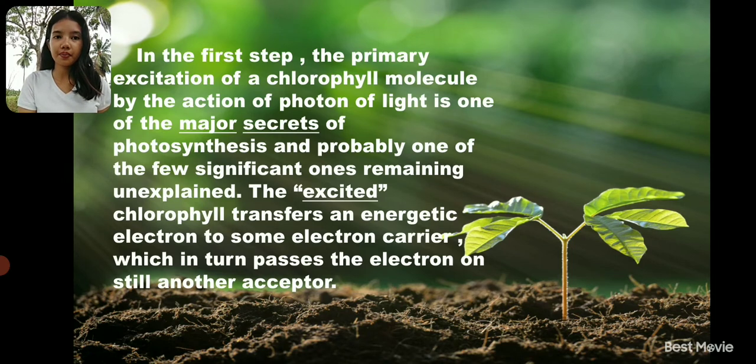In the first step, the primary excitation of a chlorophyll molecule by the action of a photon of light is one of the major secrets of photosynthesis, and probably one of the few significant ones remaining unexplained. The excited chlorophyll transfers an energetic electron to some electron carrier, which in turn passes the electron on to still another acceptor.